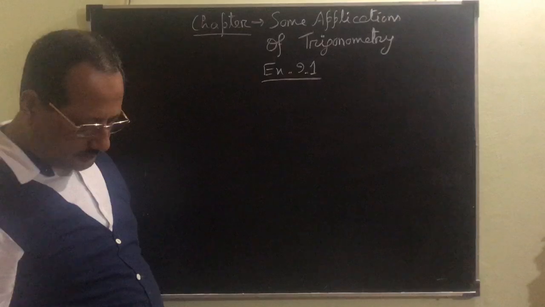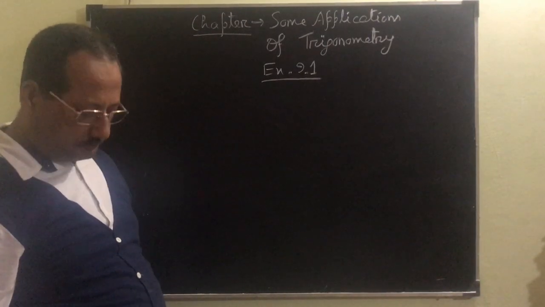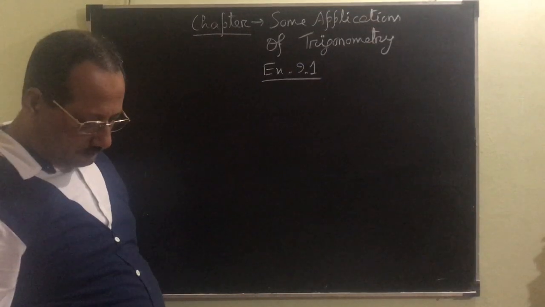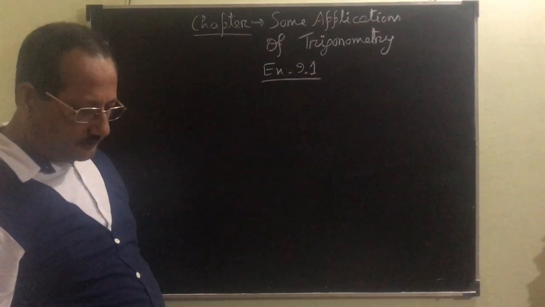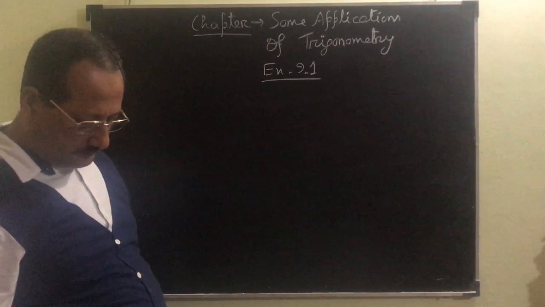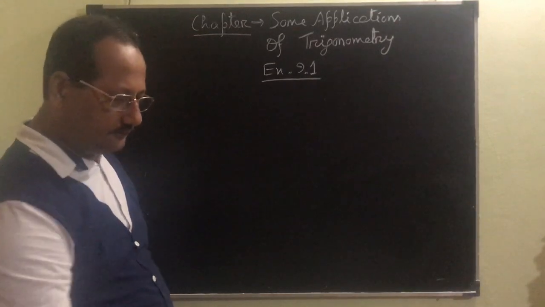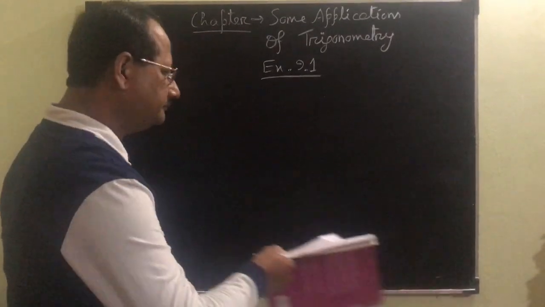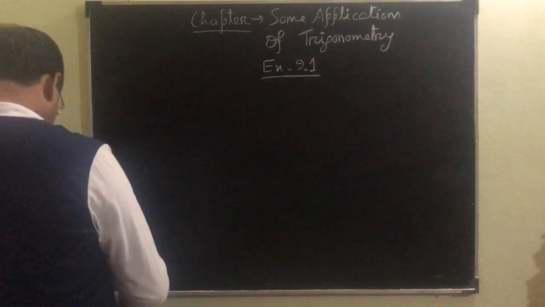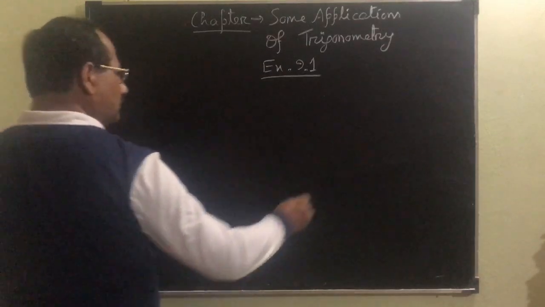The distance between the foot of the tree and the point where the top touches the ground is 8 meters. Find the height of the tree. Now see.